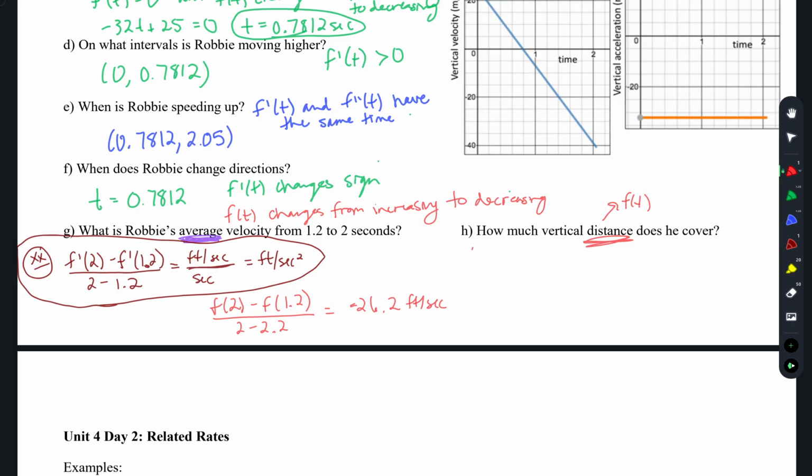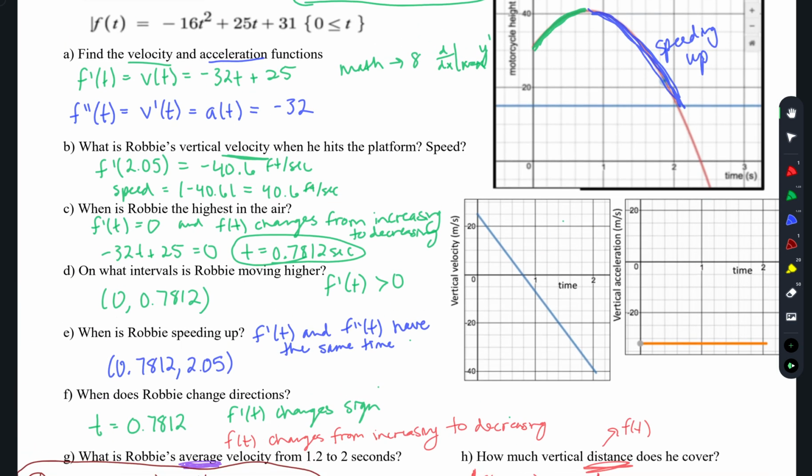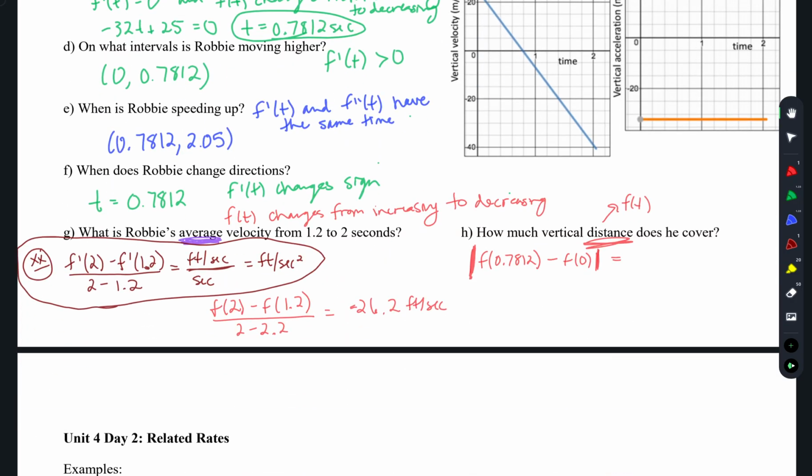So going up, that doesn't make much of a difference because you would just take the change from his position at 0.7812 and then when he started. That's no matter what going to be positive anyway. So I'm going to take the absolute value because think about it, he's just going up. If I took the difference between this y and this y, I'm going to get the same answer whether I had the absolute value bar there or not. So if you subtract those values, you get 9.766.